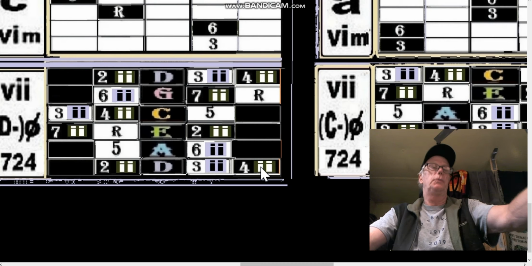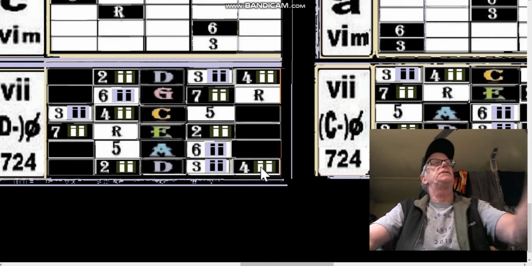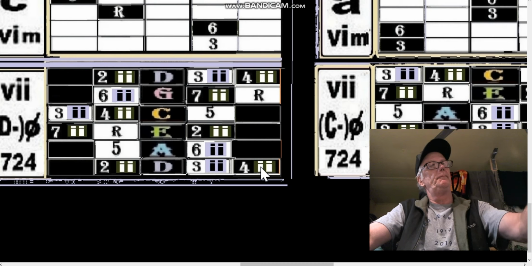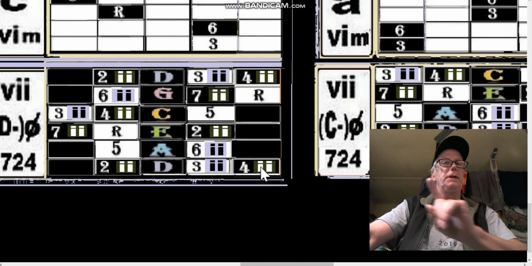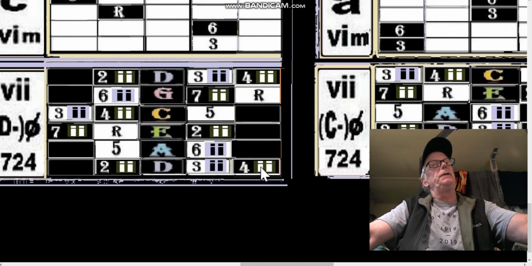Okay, that's what I'm defining as the half diminished pentatonic. It's not going to be total mush, but we're using the mush scale for its parent.